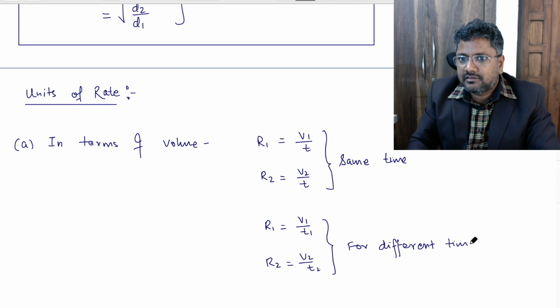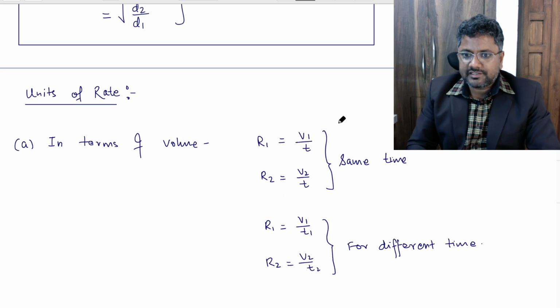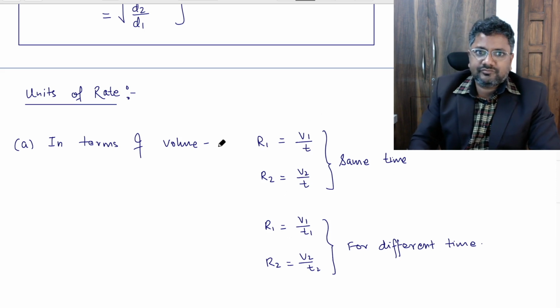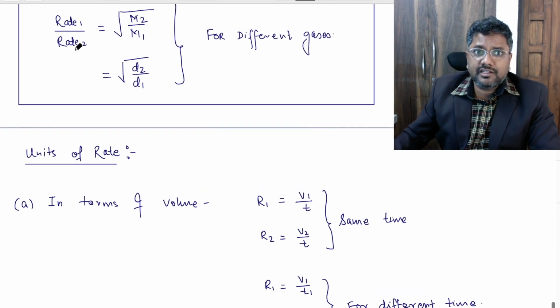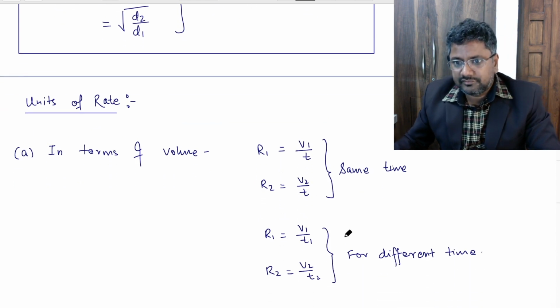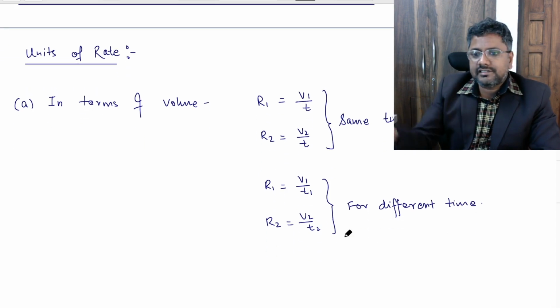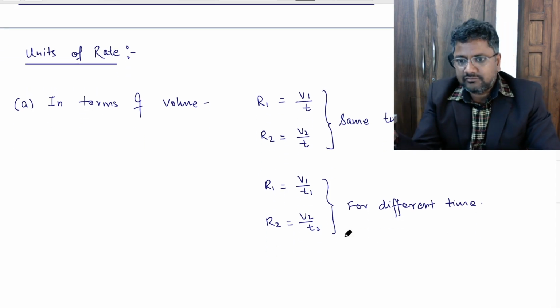This is for same time, this is for different time. So you can change here in the left hand side R1 by R2 in terms of volume. Clear to everybody? Good. And right hand side is same, under root M2 by M1, right?